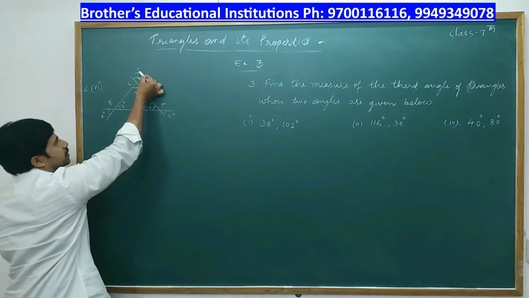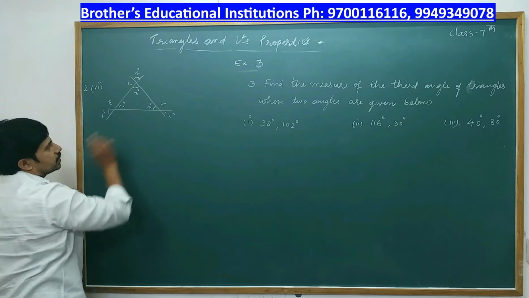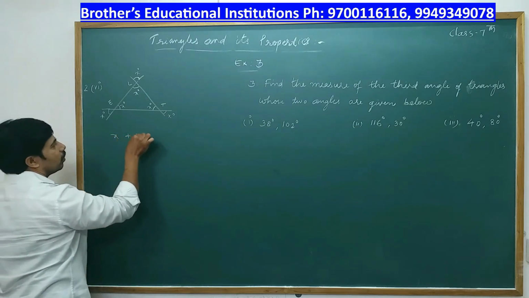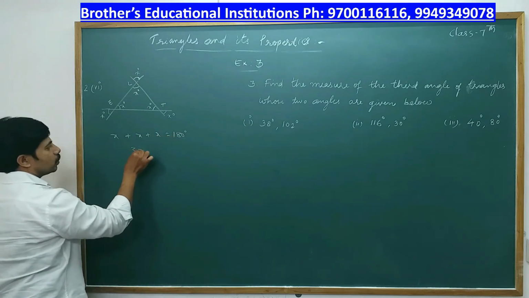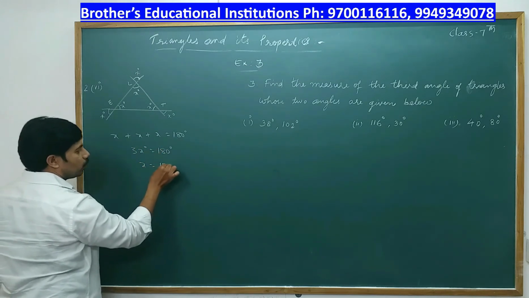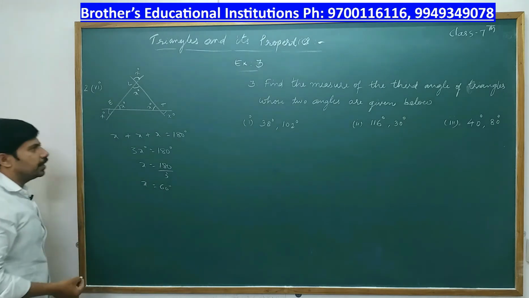See, this is x, this is also x, vertically opposite angle. So x, x, x. Now after getting all the interior angles, we add all three and equate to 180 degrees. So 3x is equal to 180 degrees. So x is equal to 180 by 3. So x is equal to 60 degrees.